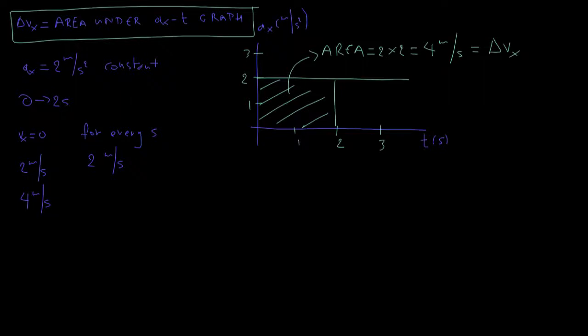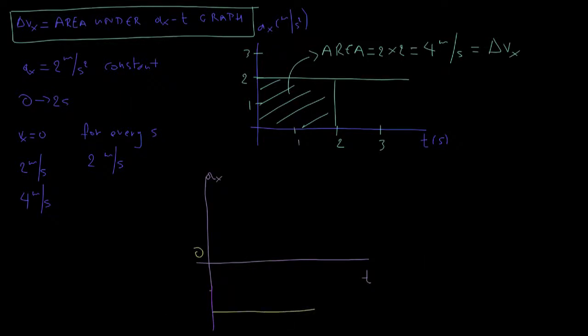And as I said in the previous video, if you happen to have a graph, let's say this is time, this is the acceleration, and this is the 0, and your graph is in the negative values, let's say I had something like this.